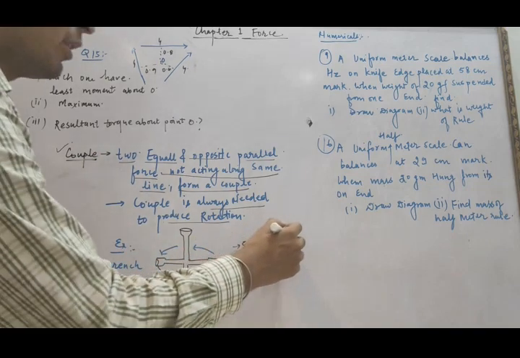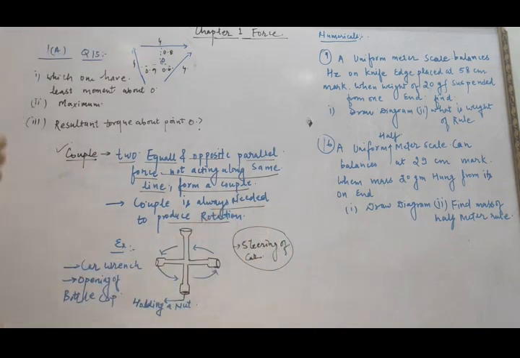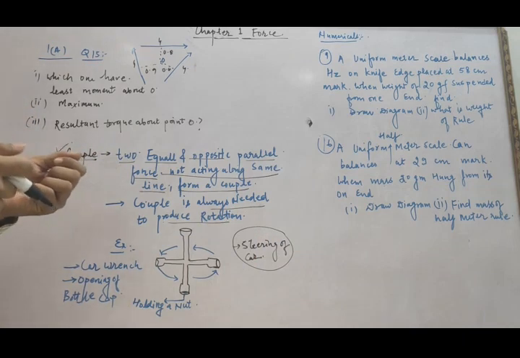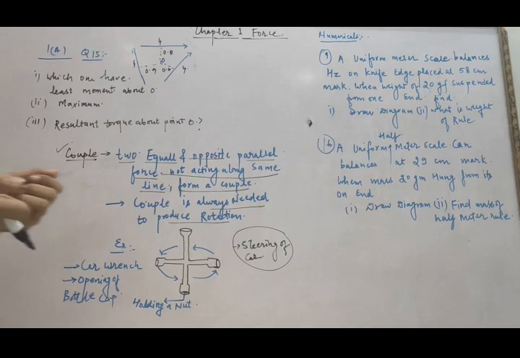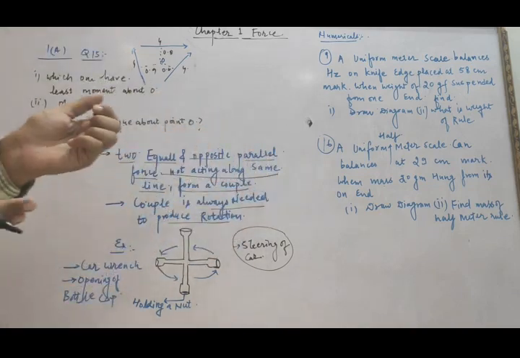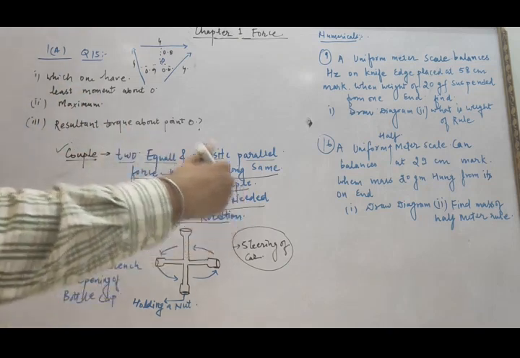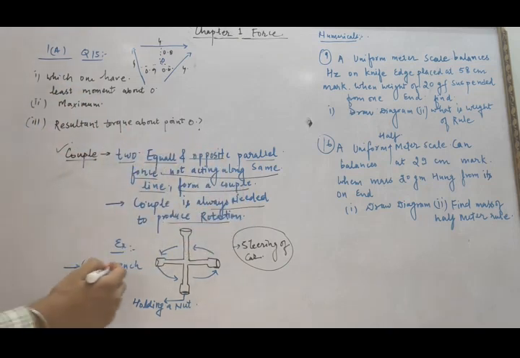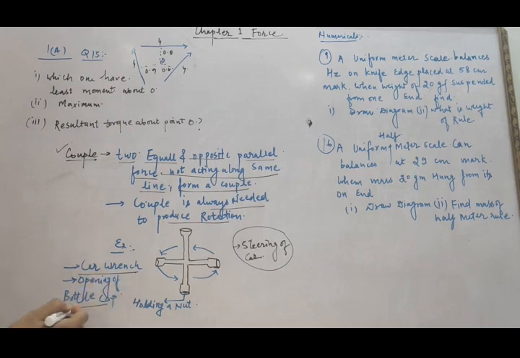The best example of a couple is steering. When you drive a car, you have seen many people driving, so when they use the steering, they are actually producing a couple to produce a proper rotation. Another example is a car wrench, used for opening and closing a nut.